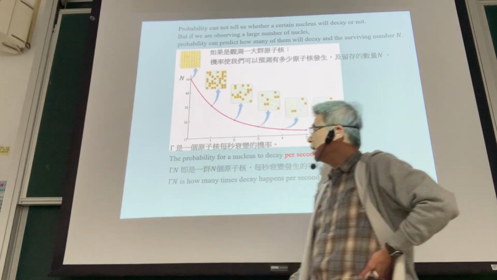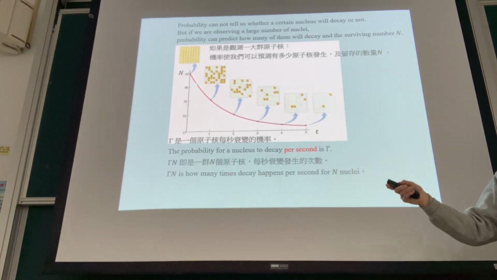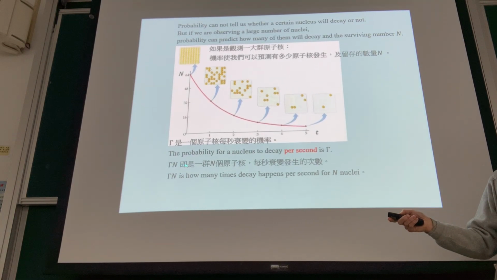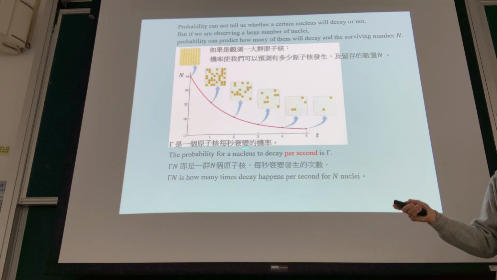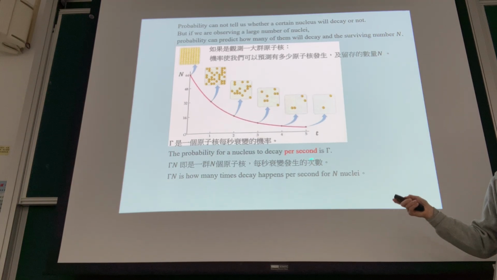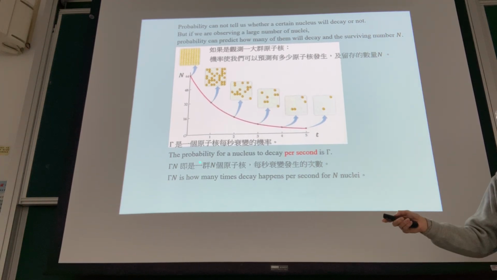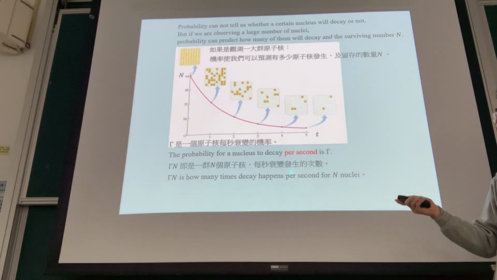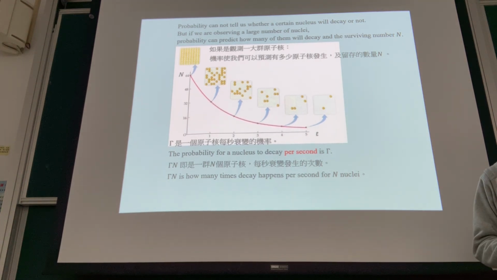Okay. And so n is the number of the nuclei. If the probability is gamma, then in the next second, gamma times n is the number of decays that will occur.